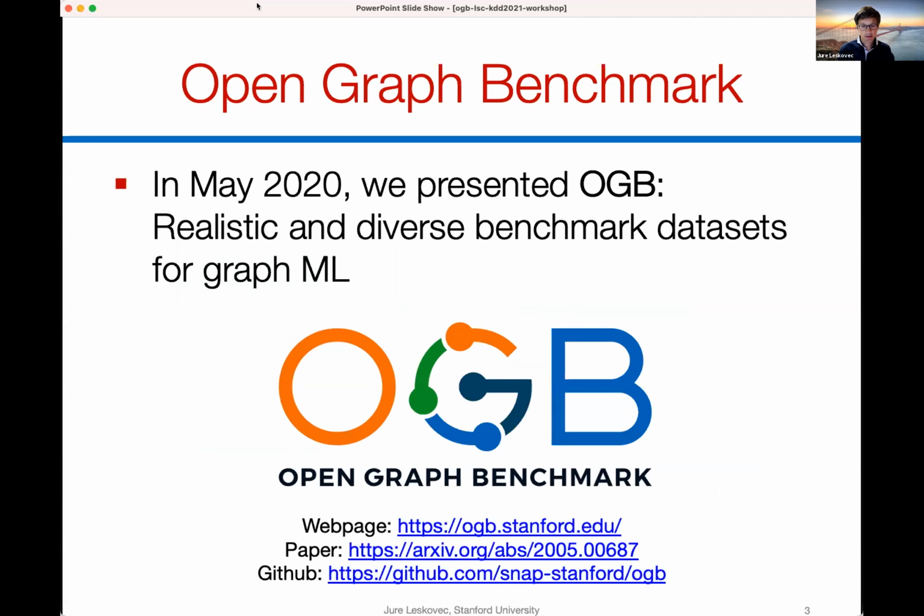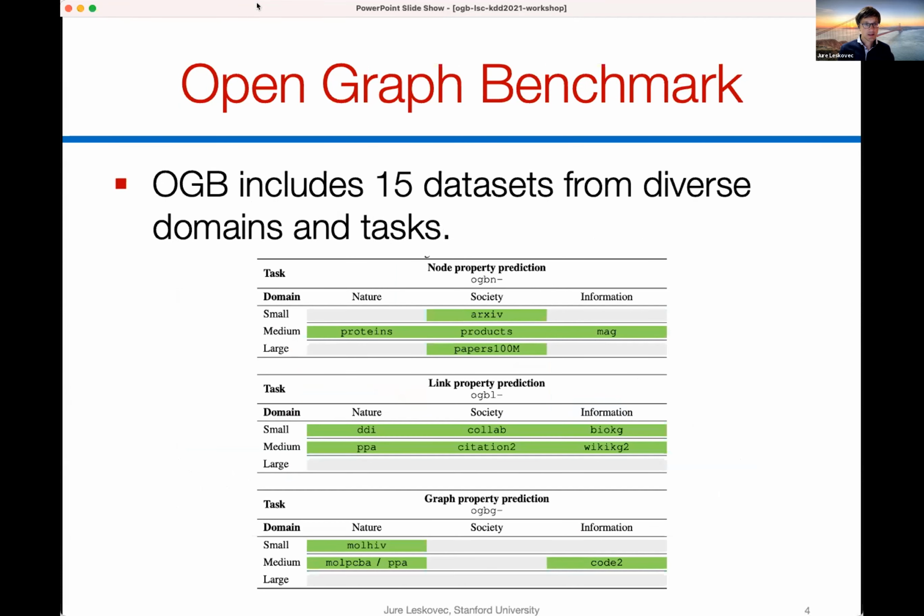And we released it at ogb.stanford.edu. And this benchmark contains 15 different data sets on different machine learning tasks: node property prediction, link prediction, and graph classification. And data sets are of various sizes and come from different domains, from natural sciences, social sciences, as well as information.